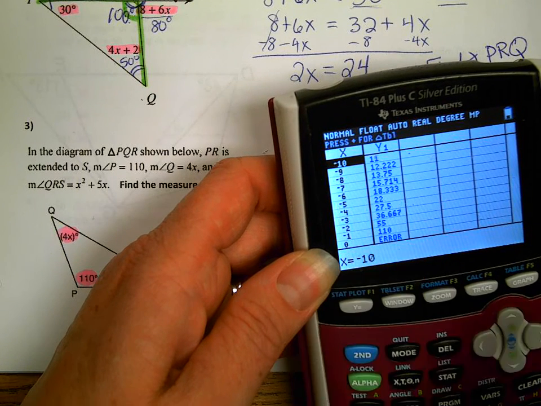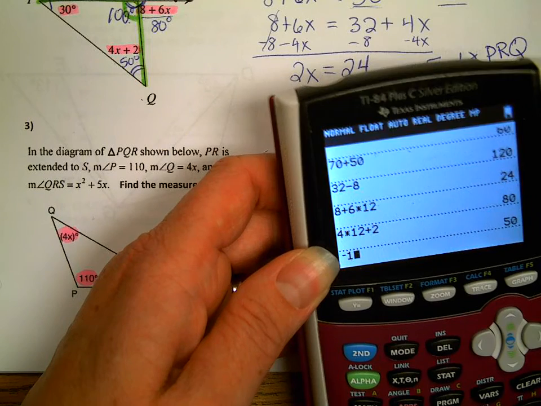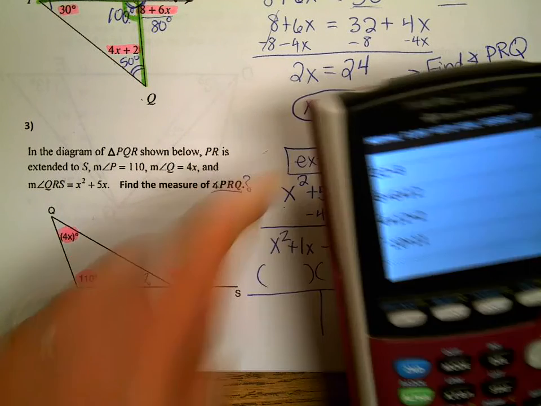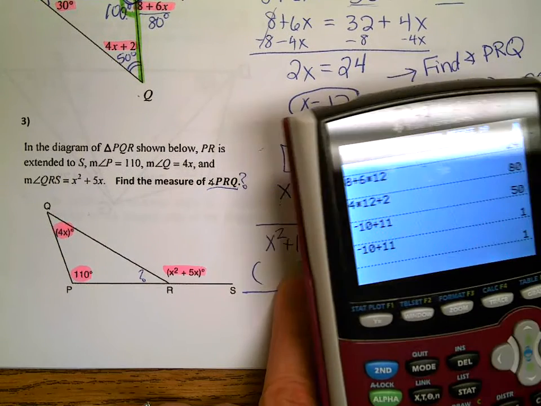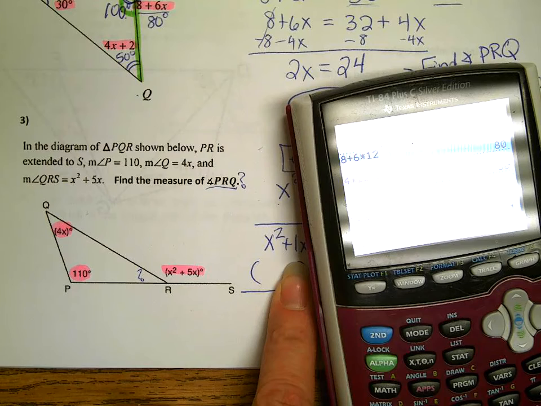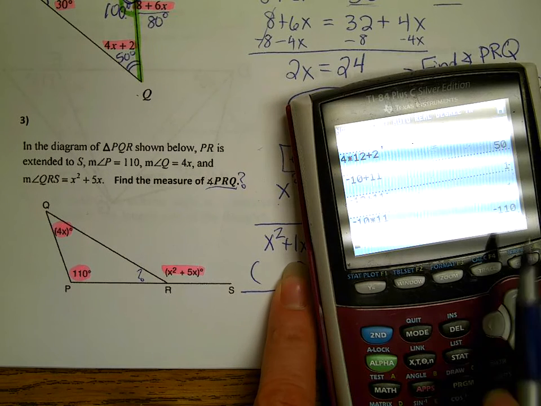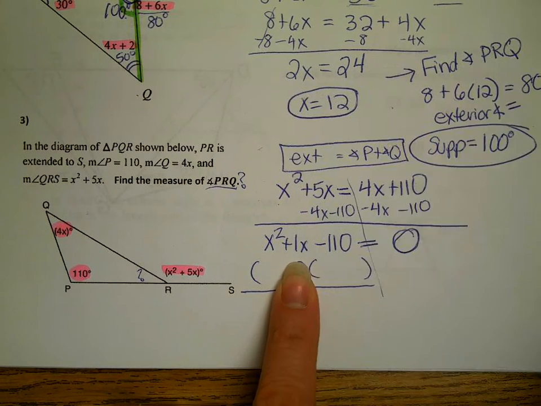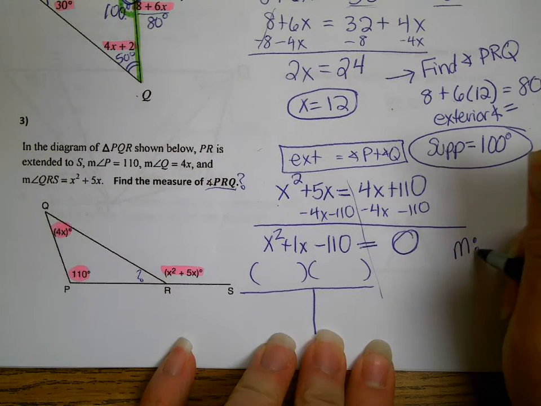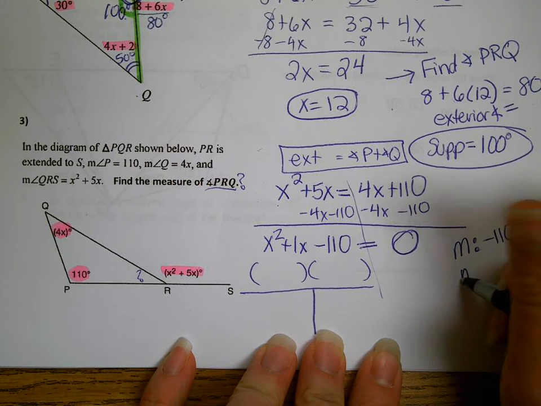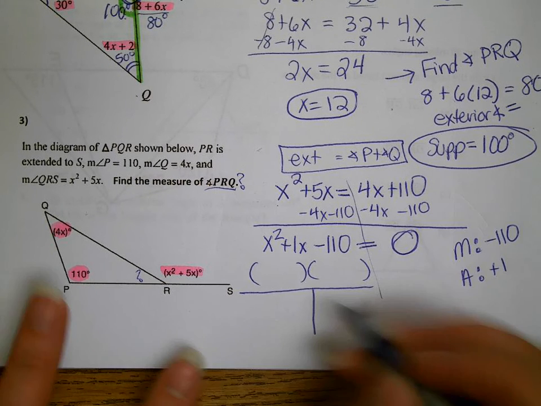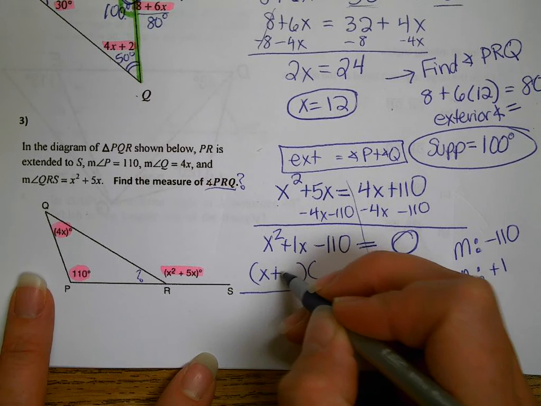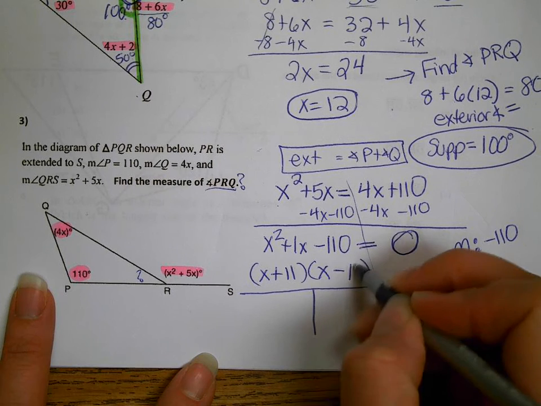Those add to make 1. So negative 10 plus 11 add to make our 1 in the middle. And negative 10 times 11 multiplies to the negative 110. So again, we had to multiply to negative 110, add to make positive 1, which is going to be x plus 11, x minus 10.